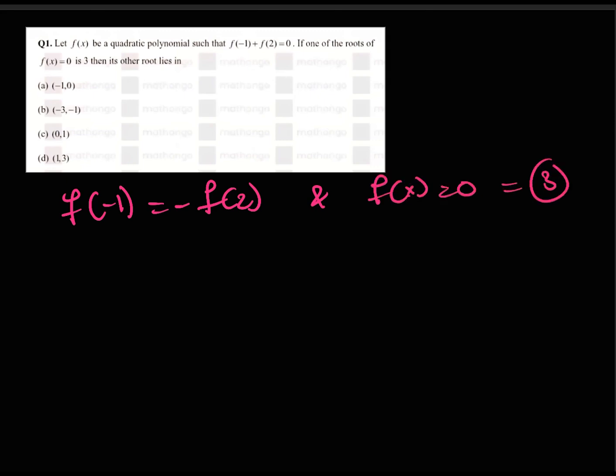That means they are given that f of minus 1 equals minus f of 2 and f of x equals 0 has root 3. That means f of 3 is 0. Let us take f of x as ax square plus bx plus c.